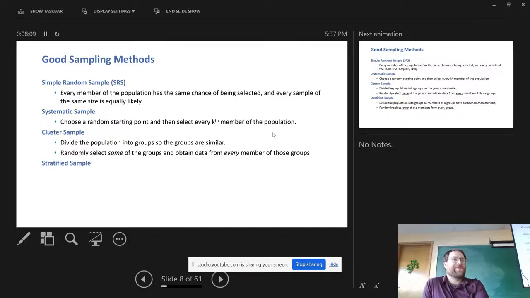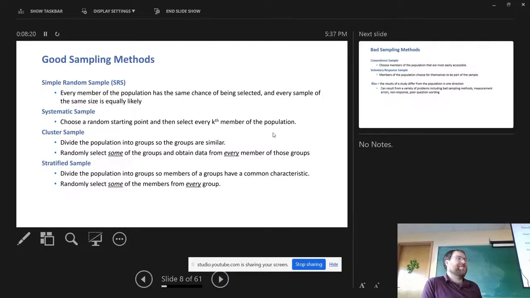And the last one is very similar to cluster, called stratified. Still dividing the population into groups. The difference is that instead of selecting some of the groups and asking everybody in the groups that you picked, you're going to pick one or more people from each group and survey only some people from each group.